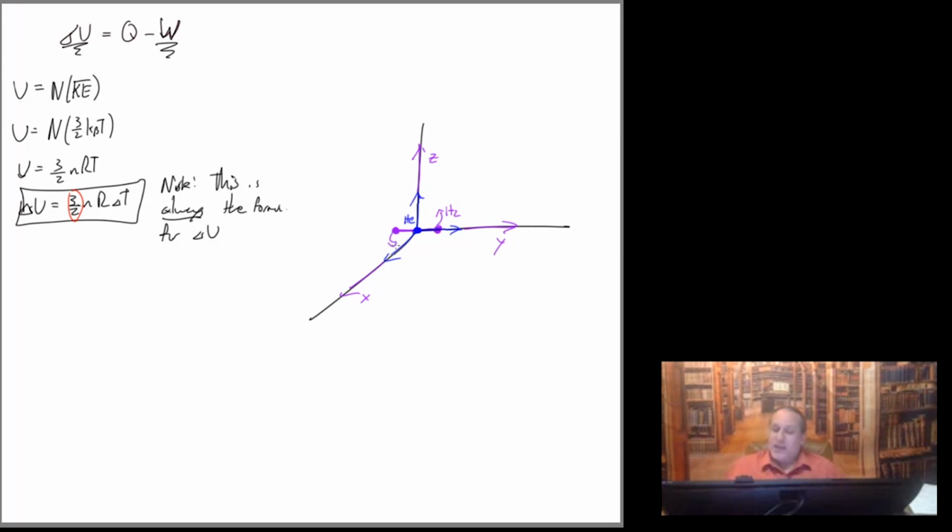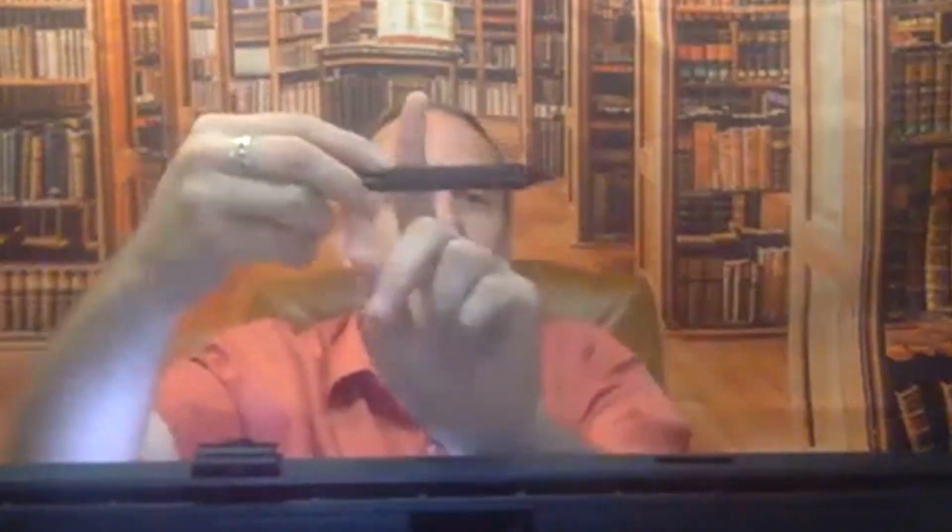However, if it rotates about the y-axis, we'll take a look at my stylus. It can rotate, x-axis comes out at you guys. So it can rotate about the x-axis, okay? It can rotate about the z-axis. But if it tries to rotate about the y-axis, nothing happens, okay?